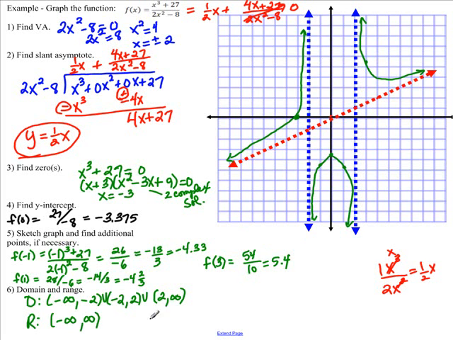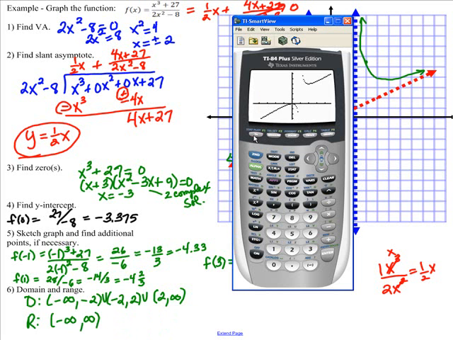Okay. Now we can confirm all of this on our graphing calculator. Let's look at that. If we enter this graph, so we have x cubed plus 27, close parentheses, divided by, in parentheses, 2x squared minus 8, and graph.